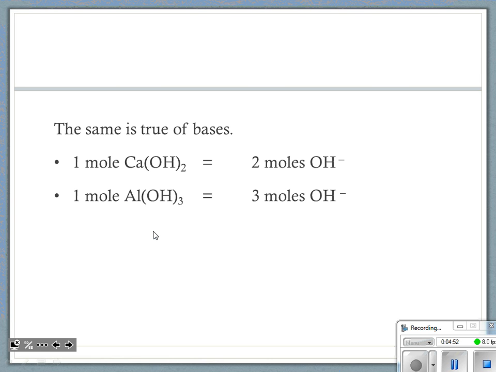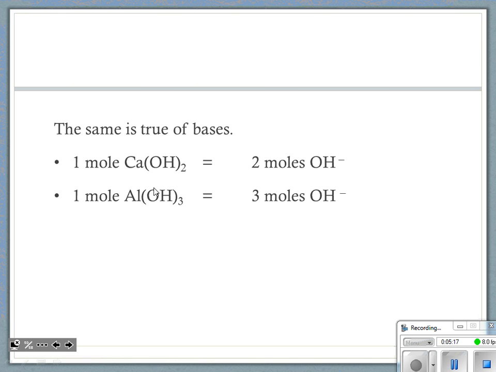Now, the same is true of the bases. Only thing is, we're not looking for hydrogen ions. We are looking for hydroxide. What is the hydroxide ion? OH, what charge? -1. So we are looking at the hydroxide ions.